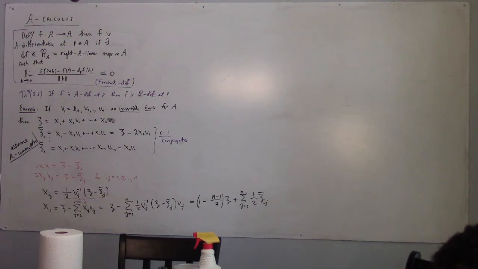And somehow I have a 3 minus n times zeta there. There's a half. What happens if we simplify?